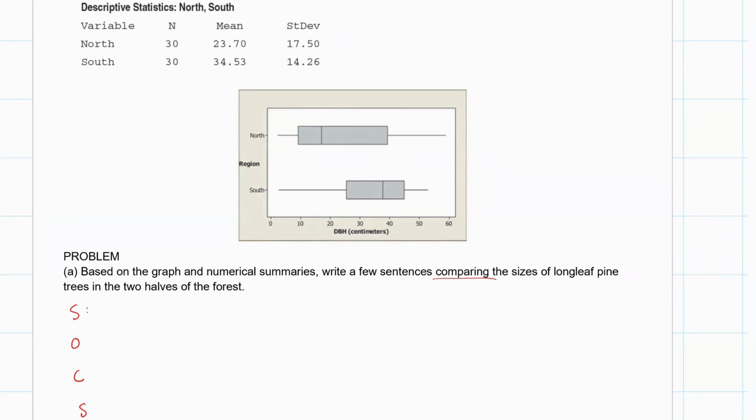I'm going to mention that the longleaf pines from the northern half have a skew right distribution for the diameter at breast height, the DBH, because I'm seeing that this is much longer than this, and this is much longer than that.